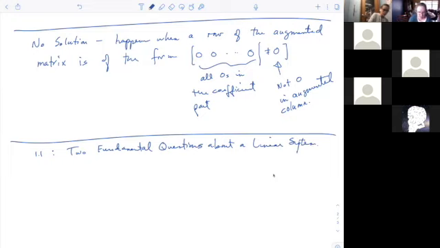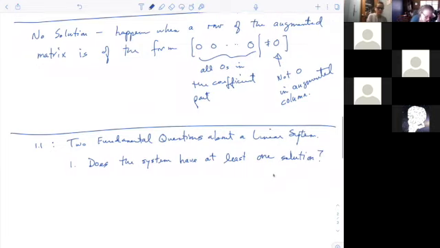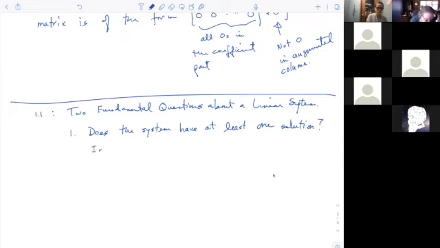Number 1 is, basically, does the system have at least one solution? Or another way of saying that, and this is a new term for you, is the system consistent?